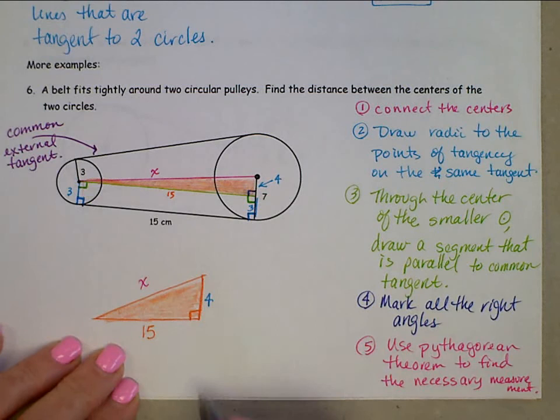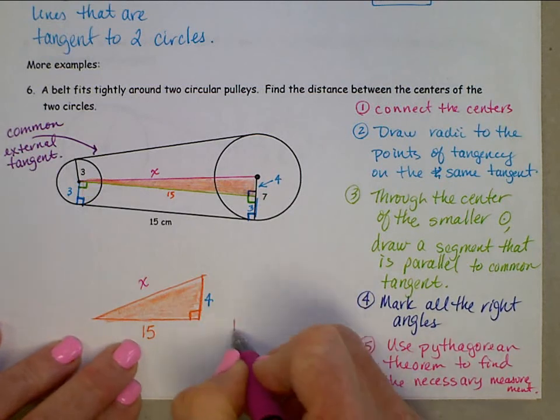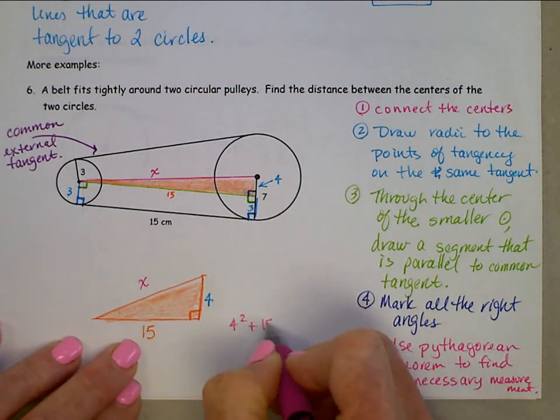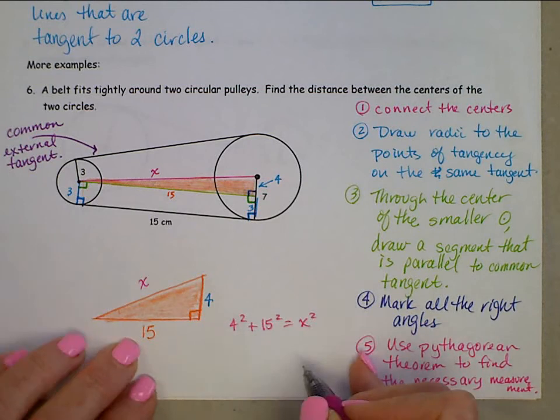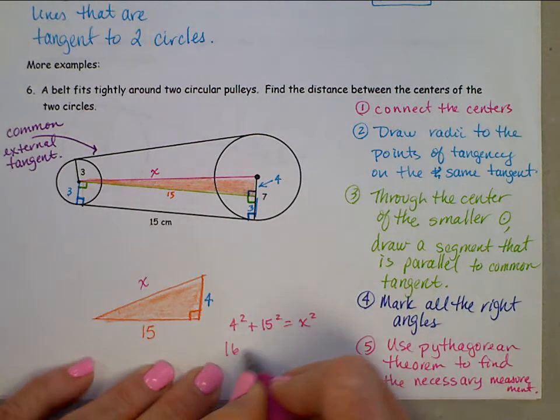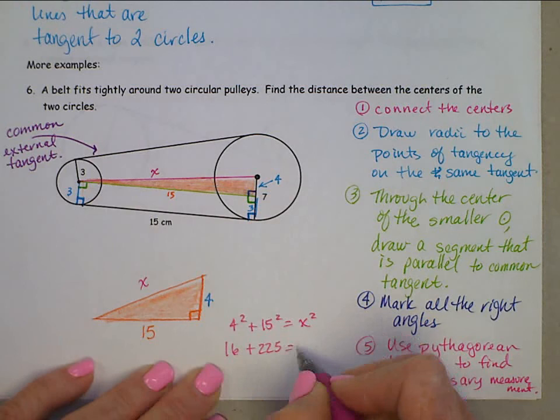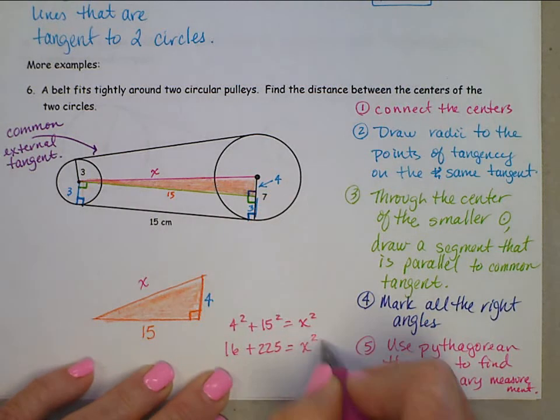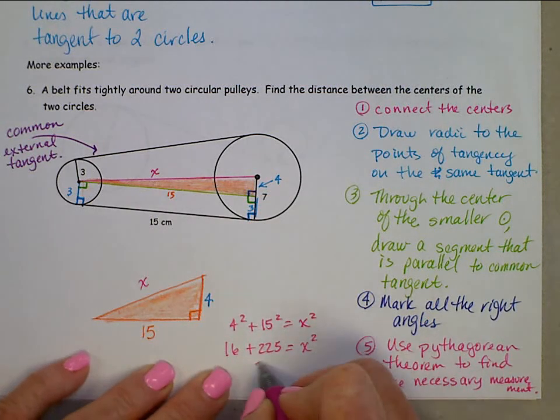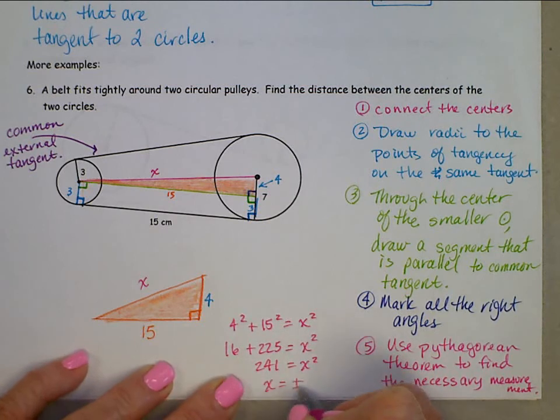And let's do that. We have 4 squared plus 15 squared equals x squared. That's 16 plus 225 is x squared, 241. So x is plus or minus the square root of 241. Can't be negative.